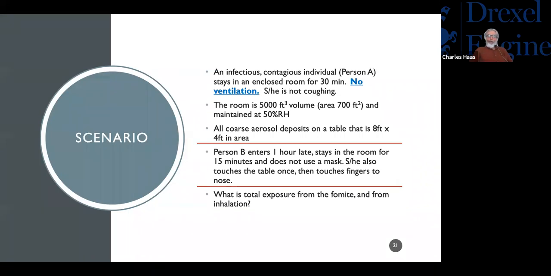Person B touches the table once and then touches fingers to nose, and is obviously breathing the entire time. So work out what the total exposure is to SARS-CoV-2, based on information I presented previously this week, from the fomite and from inhalation, and then we'll go ahead and talk through the solution.